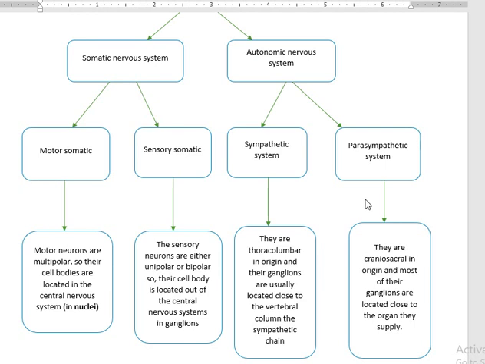And a point to note is that the trigeminal nerve is always a hitchhike of one of the parasympathetic fibers. Sympathetic system, the question is, how do the sympathetic fibers come from the thorax to the head?